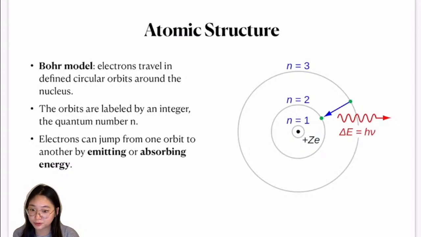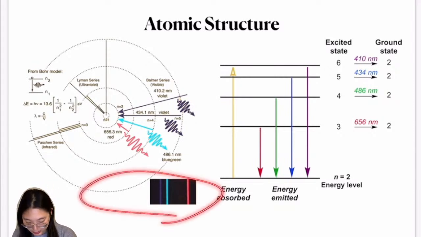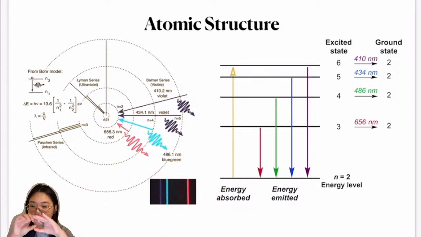And how he proves his model is by conducting a really important, really famous experiment, and his result can be shown as the hydrogen spectrum. Again, I'm pretty sure all of you have read this, or your teacher has talked about this in the classroom. The hydrogen spectrum looks like everything is just all black, and then there are certain bars in certain positions, marked with different colors, because lights of different colors carry different amounts of energy.